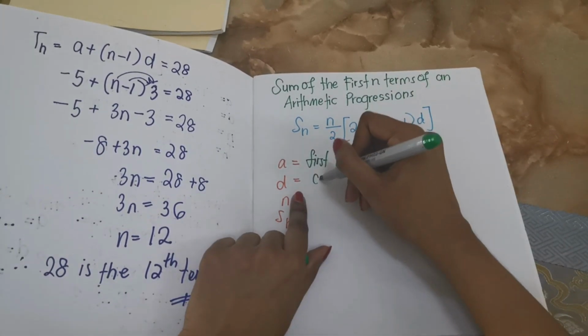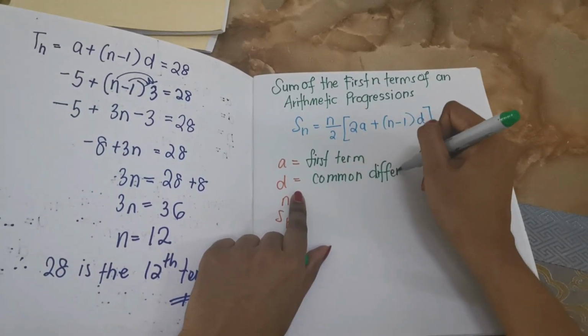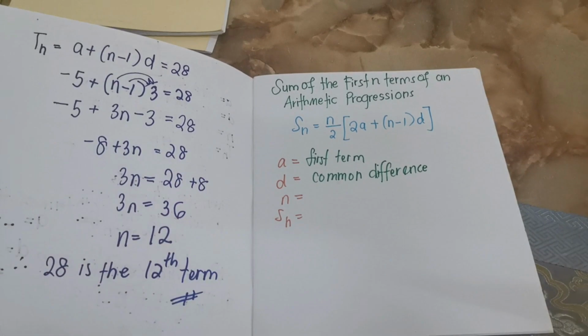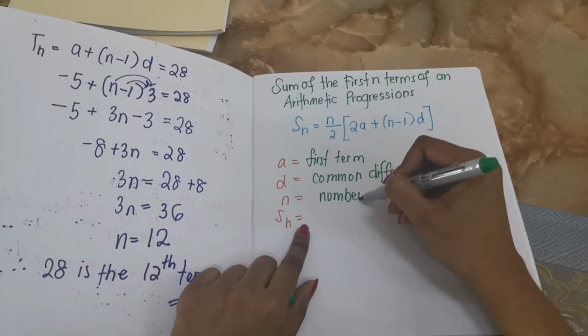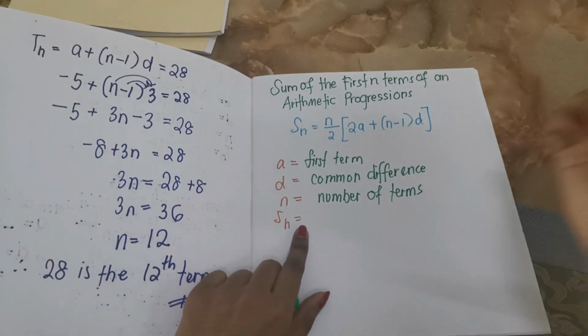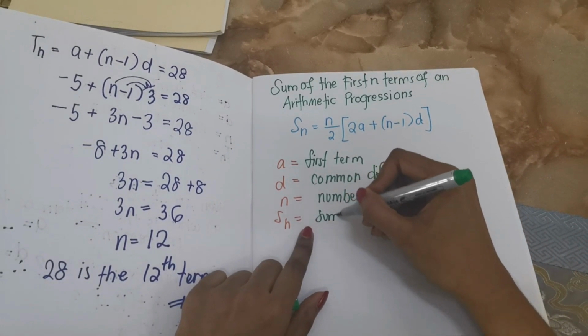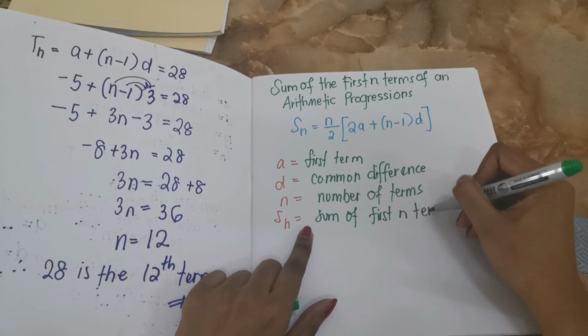What could d be? The common difference. This is something that you need to have memorized. n will be the number of terms, and Sn will be the sum of the first n terms.